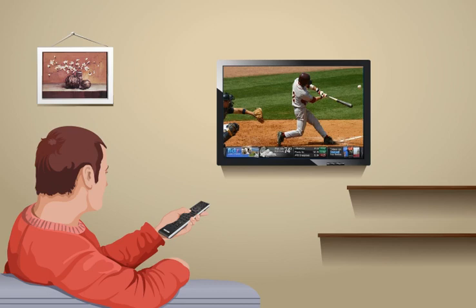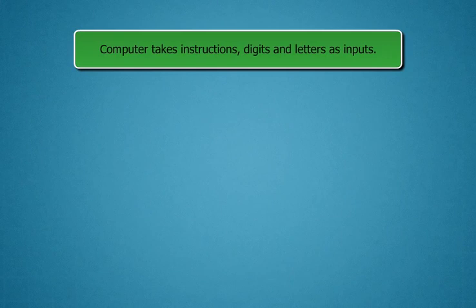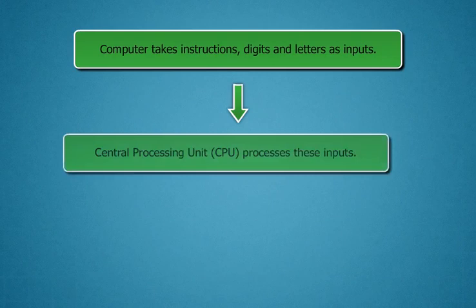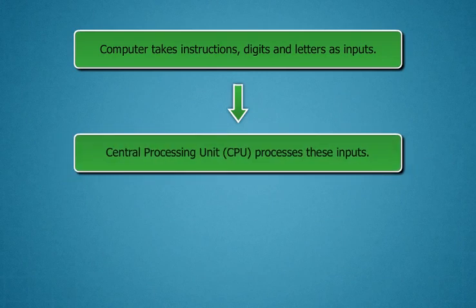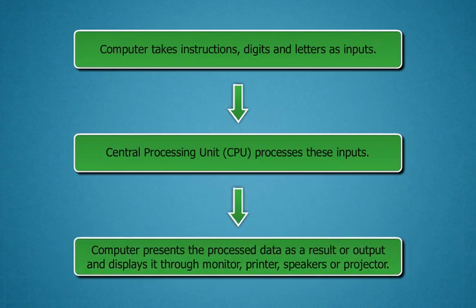Similarly, a computer also takes instructions. It takes instructions, digits and letters as its inputs. Then, the Central Processing Unit or CPU processes these inputs. Finally, the computer presents the processed data as a result or output and displays it through a monitor, printer, speakers, or projector.